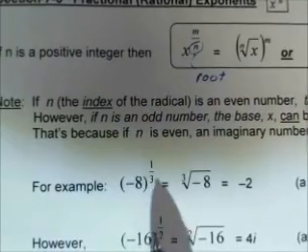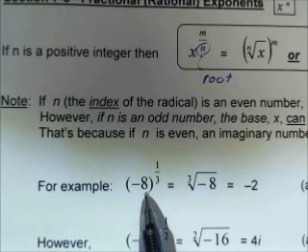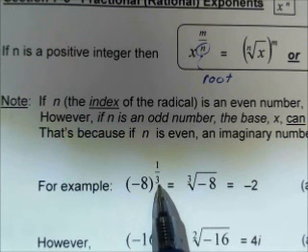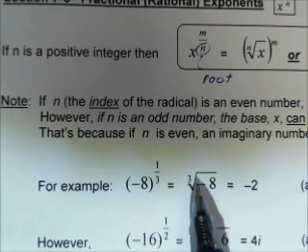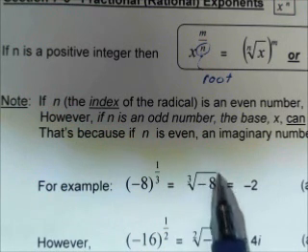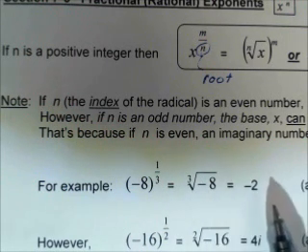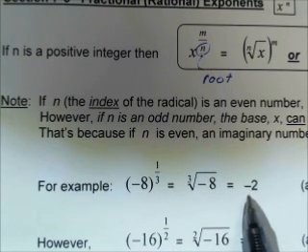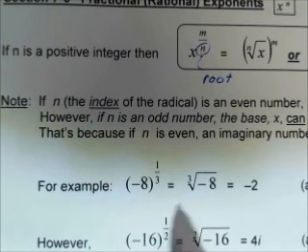For example, we have -8 raised to the fractional exponent 1/3. That means the 3 here, the denominator of our fractional exponent, is the root. So we're looking for the cube root of -8 raised to the first power, although that isn't written. Well, what's the cube root of -8? It's -2, which is a real number.